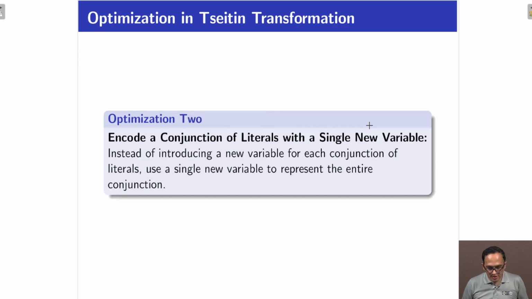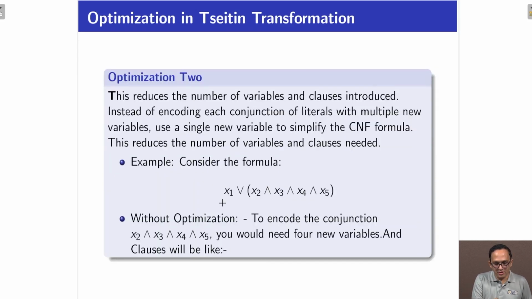Okay. Next is optimization 2, in which we basically say that if you have a conjunction of literals within the original formula, I can use only a single variable, I do not need multiple auxiliary variables. Okay. So, for that, let us say I have a formula like this.